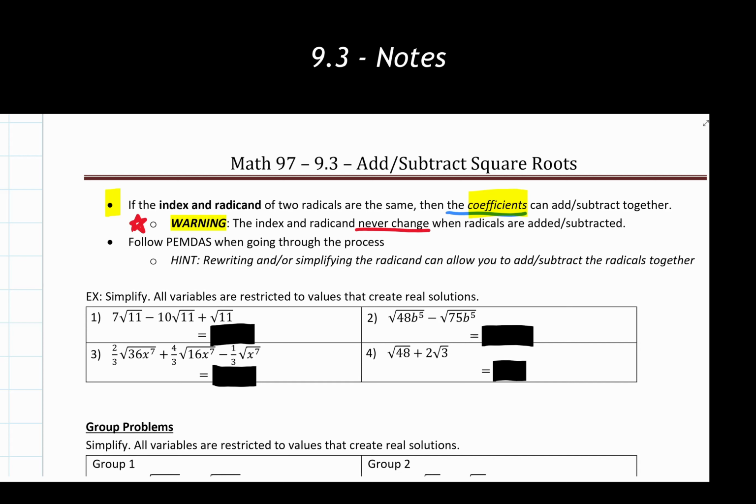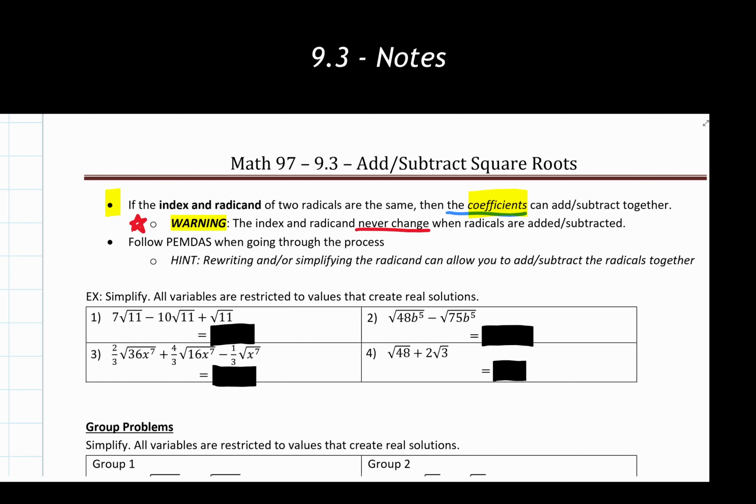This applies to square roots, cube roots, fifth roots, 40th roots, any kind of radical that's being added or subtracted together. We will never see the index or radicand change in the addition and subtraction process.